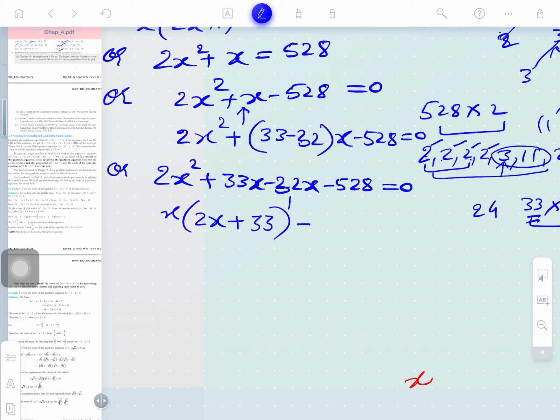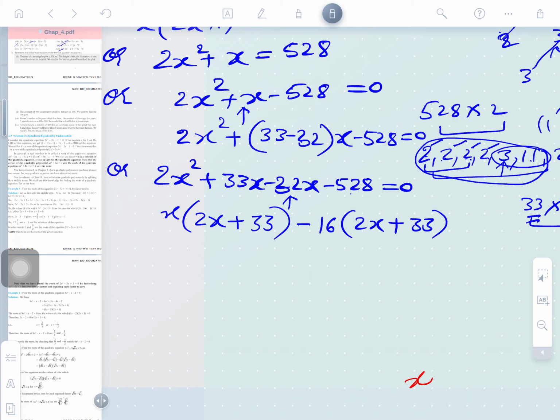Minus, first common, and 32. 32 means how many times 2s are here? 5 times 2s here, and it is made up of, yes, together this is called 528. So 4 times 2 is already common here. 4 times 2 means 16 is common in them. So what is left here? 2x left here, and plus 11 and 3, so 33 is left. This can be difficult for understanding, but it is very easy to understand.